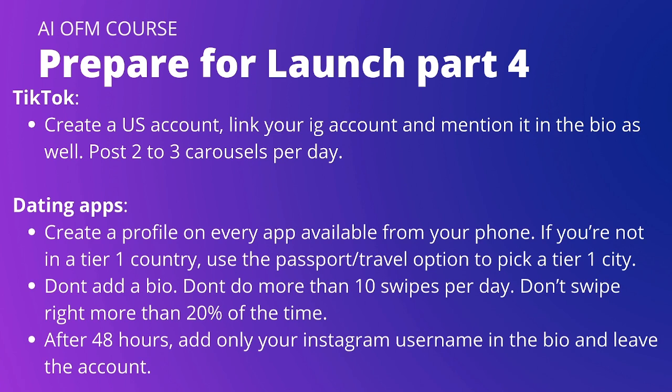If they really fancy the pictures in the profile, they might just Google it and check your Instagram account. That's it. And when I say just add your Instagram username, don't even put "IG" or anything. The bio is only your Instagram username, nothing else. No emoji, no "IG:", and that's it. And leave the account as it is.